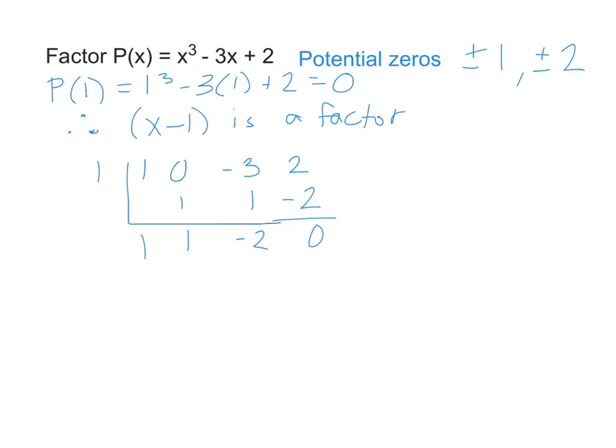Remainder 0. I know that's fast, but you can take your time later and have a look at it. What we have then is that p of x is equal to the factor that we found, x minus 1, multiplied by what we get when we do the division, which is x squared plus x minus 2.